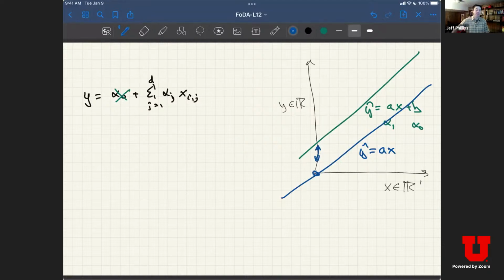Sometimes you might want that to be the case, if you have some physical relationship where you know that if all the coordinates are 0, the output should be 0. For example, how long did you run in a race, looking at how many steps you took and how many times you moved your arms on your Fitbit, to know how far you went. If all the steps and arm movements are 0, the distance should probably be 0 also. So maybe then you don't solve for an offset, and that could be a model that you actually enforce here.